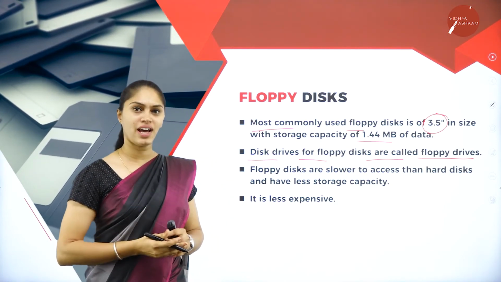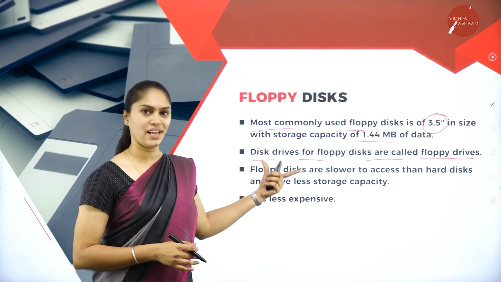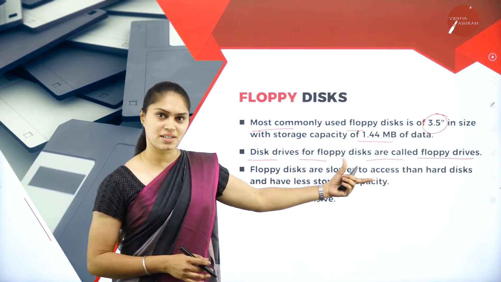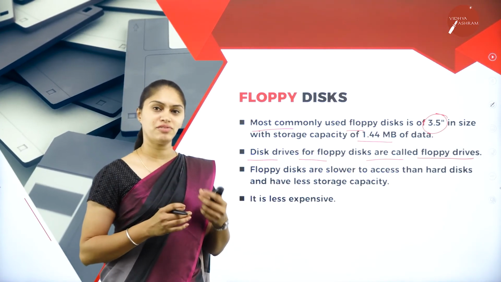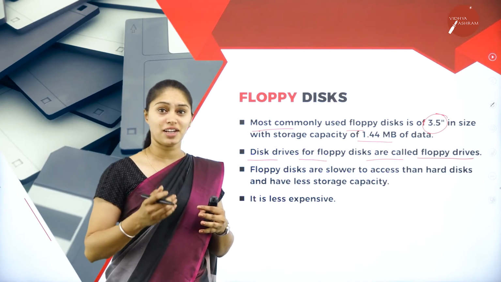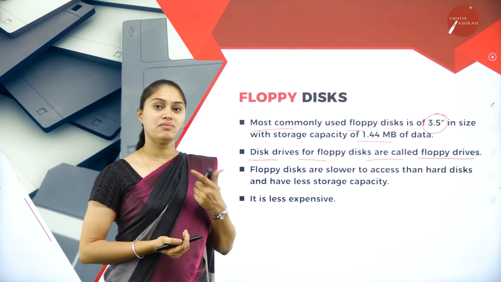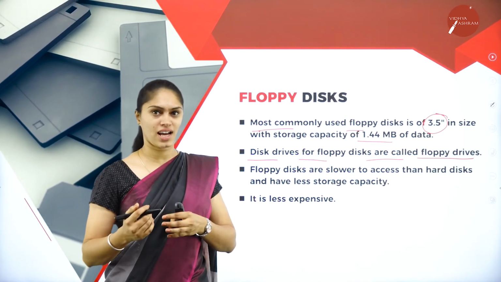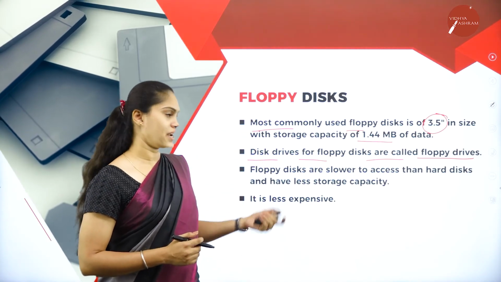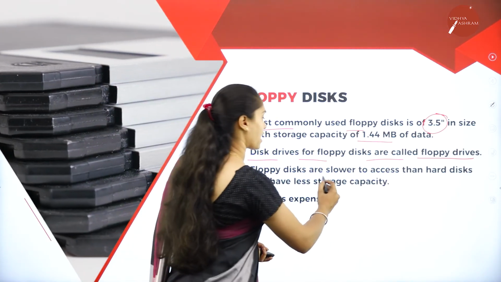When it comes to the accessing speed, the floppy disk is slower than the hard disk. The hard disk fetches the details, that means read and write operations take place in a faster manner. But the floppy disk has a slower access time.